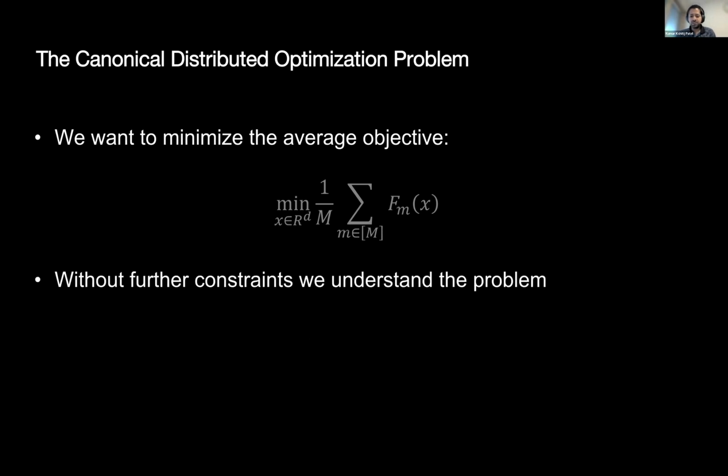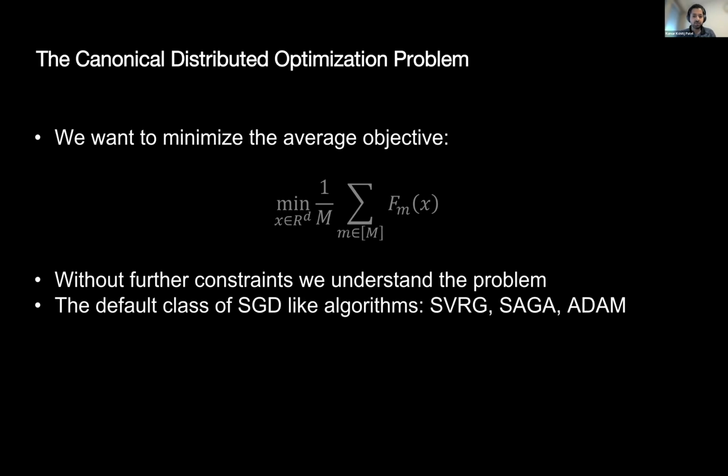Without further constraints, we really understand this problem, because this is just a stochastic optimization problem. The default class of algorithms, which all look like SGD, like SVRG, SAGA, Adam, which you might or might not have heard of, are well understood, both theoretically and empirically.